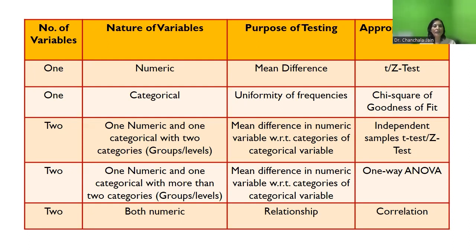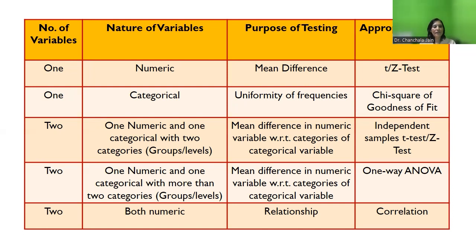Now, if we have two variables, where one variable is numeric and the second is categorical with only two categories, that is two labels or two groups, and we want to find the mean difference in the numeric variable with respect to the categories of the categorical variable, then we can opt for the independent samples t-test or the z-test, depending upon the size of the data.